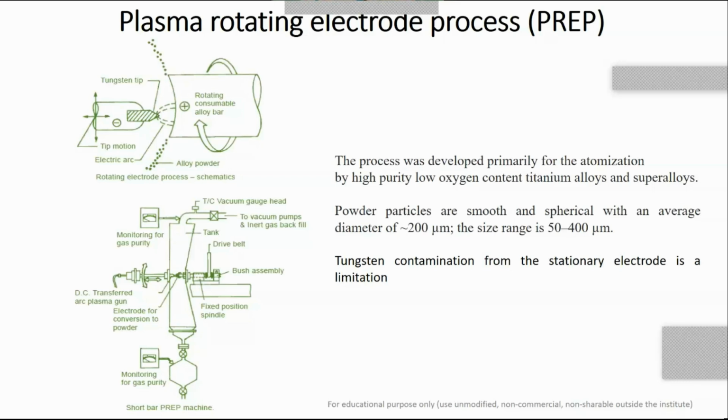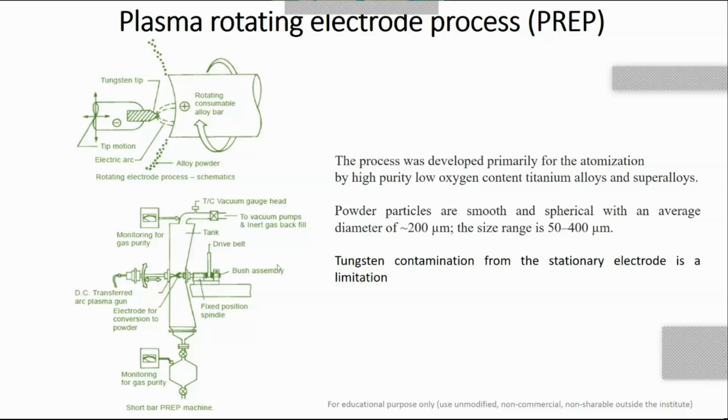So you have a consumable, rotating electrode. Now this arc is causing the melting of the surface, and this consumable bar is also rotating. So the liquid metal which is developed at the surface will experience the centrifugal force, and the centrifugal force will cause the atomization of the powder particles.